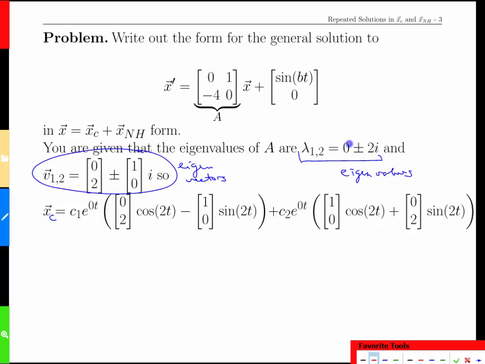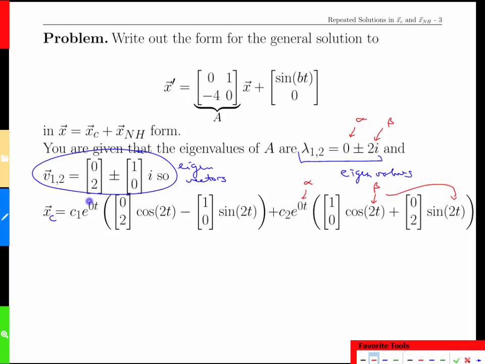And looking at the values, we have an a or an alpha, that's what we called it in our earlier formulas, and a beta here, and those go into the exponentials and into the frequency of the sine and cosine terms. Same thing for the sine and cosine and the exponential here. So what we get is a pure oscillation with constant amplitude for our corresponding homogeneous solution.